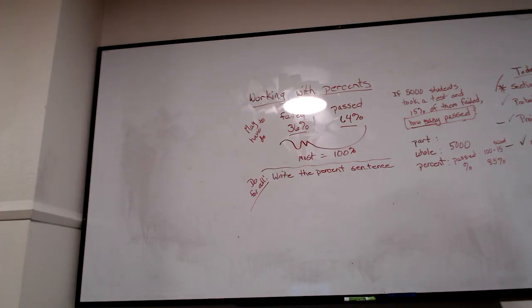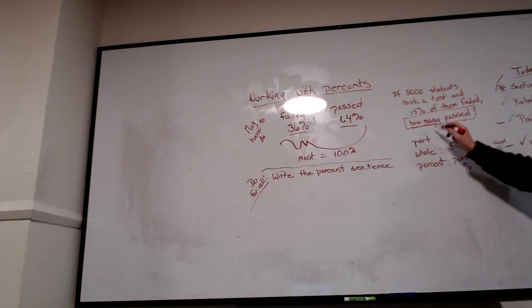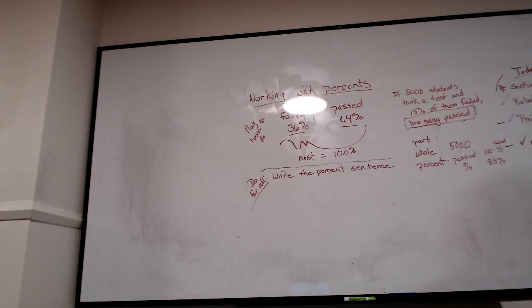You don't do anything else. You pass the test or you fail the test. So our percent here is actually 85%. The part is what we're looking for, right? We want to know the number that passed.